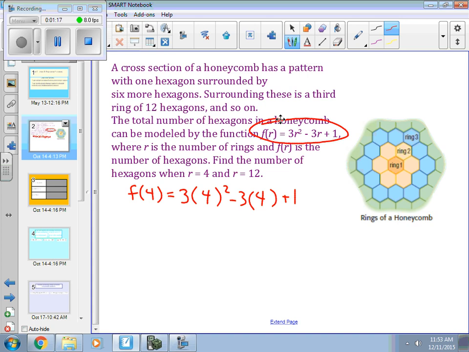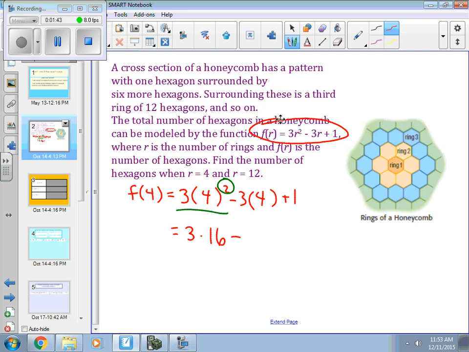So we want to evaluate parentheses first. Well, our parentheses are simplified. Then exponents. We do have exponents here. So right here in this term, before we multiply by 3, we need to do the exponent. Exponents always come first. So 4 times 4, or 4 squared, is 16. So that's going to be 3 times 16 there.